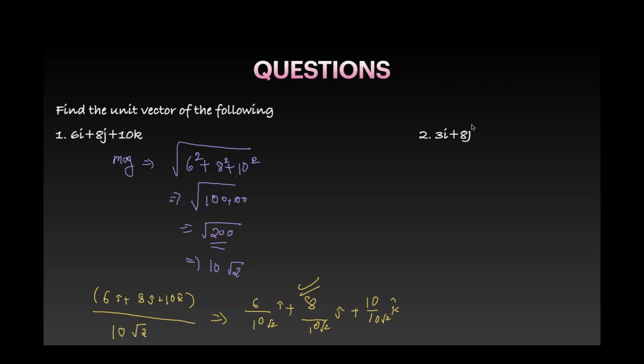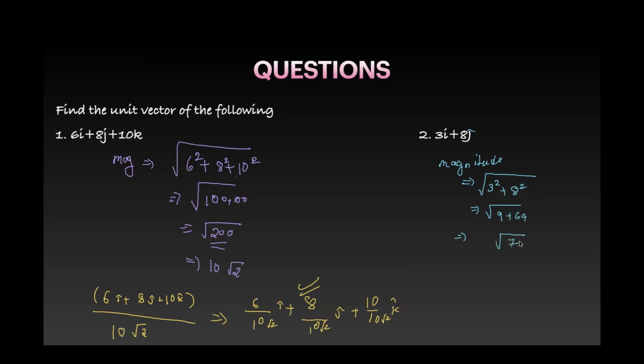Now, how do you solve this? This is j cap. Same. First, find out the magnitude. What is the magnitude? Let us see. Nothing but root of 3 square plus 8 square, which is root of 9 plus 64. What are you going to get?